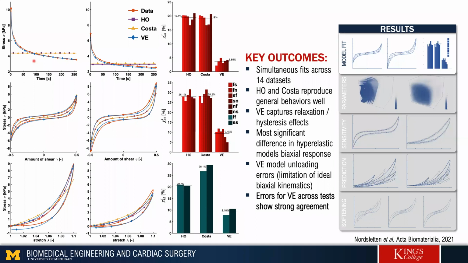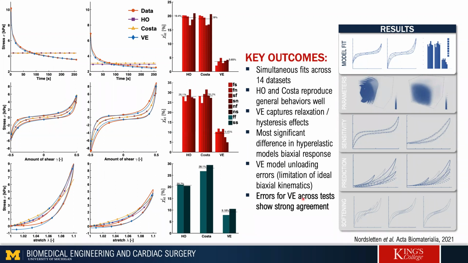What I would say is that, not surprisingly, all of the models did a good job, so you get a nice representation of the nonlinear effects from both the Holzapfel and the Costa model. They were designed to do this, so it makes sense that they would do a good job. And of course, the viscoelastic model gives you some viscoelastic behavior, so it should ideally fit better. And it does. It does a nice job of fitting the data across a range of these different test scenarios.